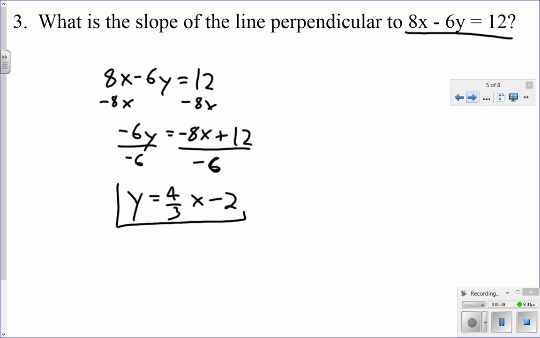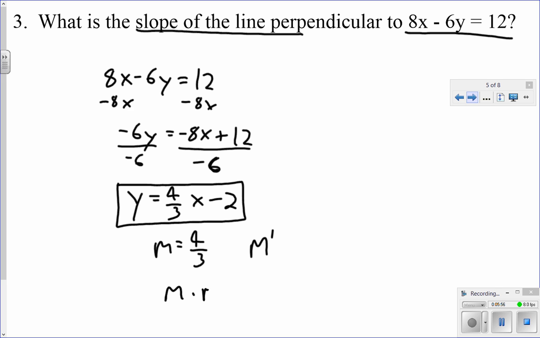So here is my line. If I want to know the slope of a line that's perpendicular, if m here is 4/3, I need to find m prime such that m times m prime equals -1. Like I said before, it's opposite reciprocals.